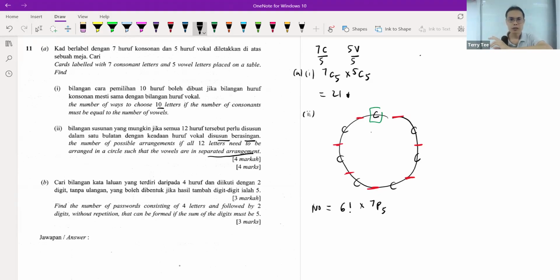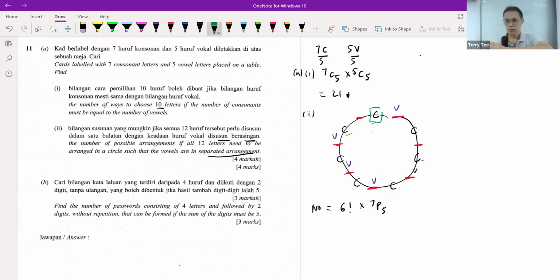Now, for example, let me use a different color. Let's say my vowel can be here, here, here, here, and here. So you have some empty spaces, but it doesn't matter, because as long as the vowels are not next to each other, the consonants can be next to each other, not a problem.